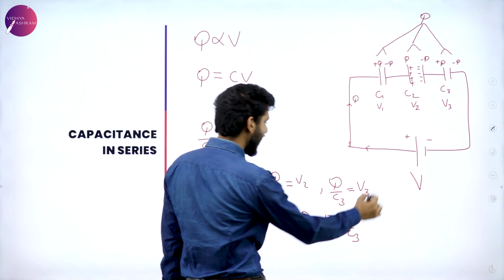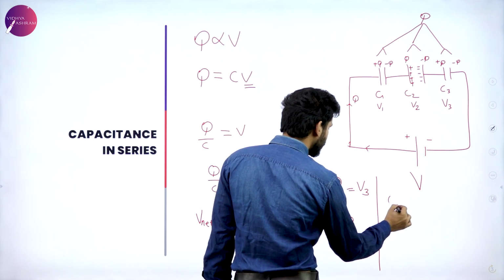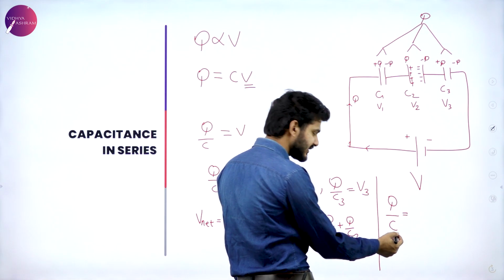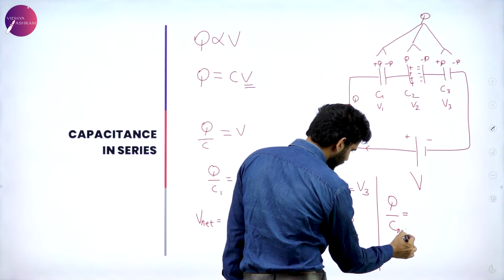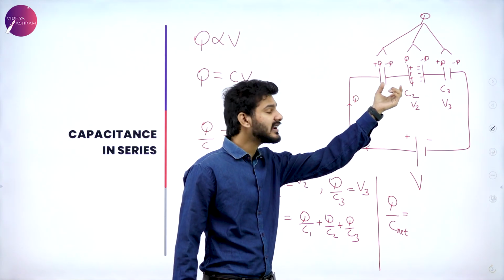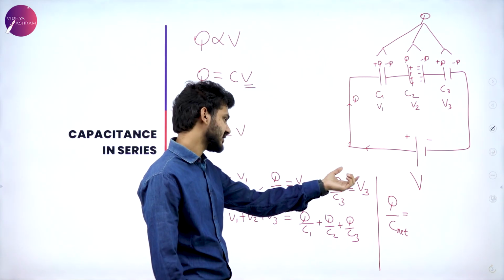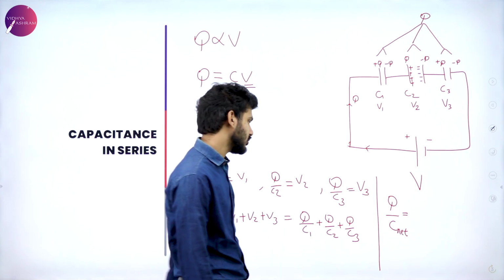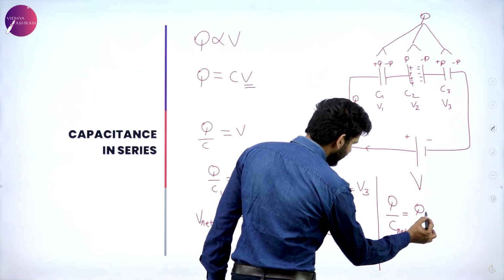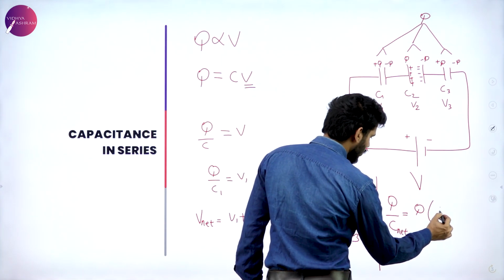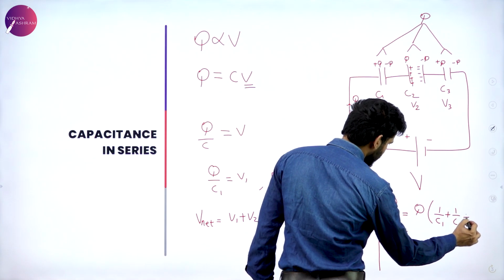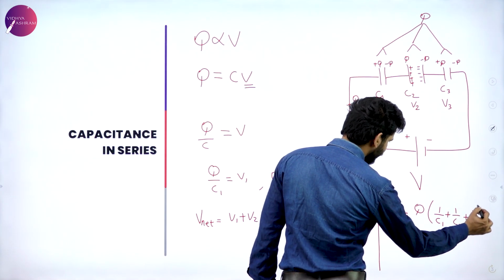So I can write this as Q by C, where this is the net capacitance and this is the net charge also. Since charge is not different anywhere across the capacitors, I can just write it as capital Q. And Q is common everywhere, so I'm taking it outside, Q into 1 by C1 plus 1 by C2 plus 1 by C3.